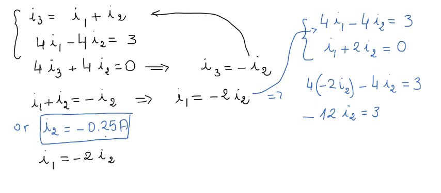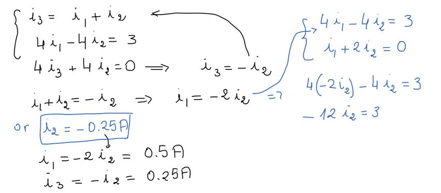You plug the minus 0.25 here, so you get 0.5 ampere. And I3 is equal to minus I2, so it means 0.25 ampere.